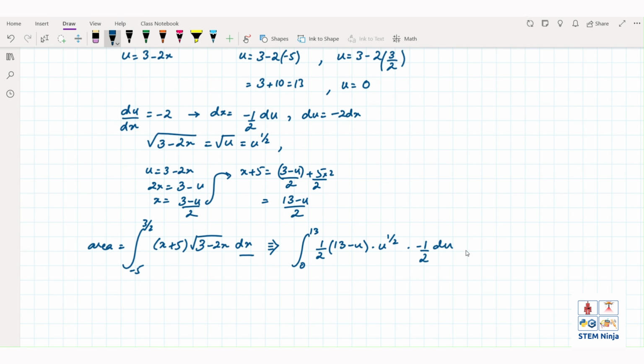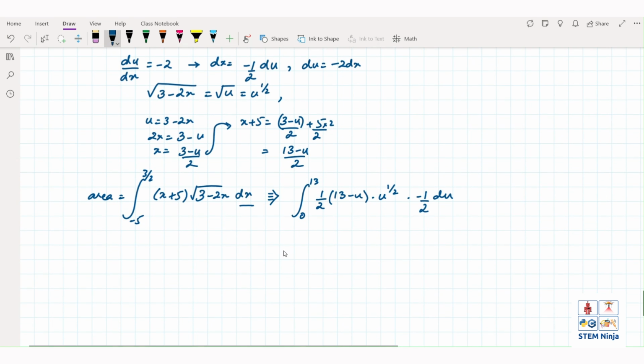This is a longer one, but it doesn't matter. Now let's resolve this. 1 over 2 times 1 over 2 can come out, so minus 1 over 4. Let's keep the limits as 13 and 0. When the minus comes out, we will reverse the limits anyway.